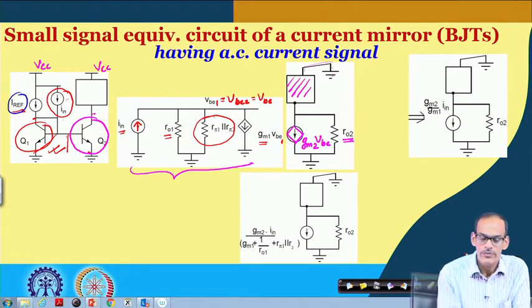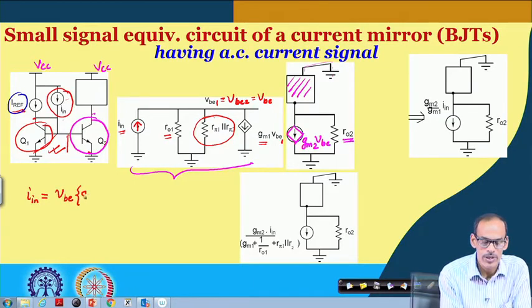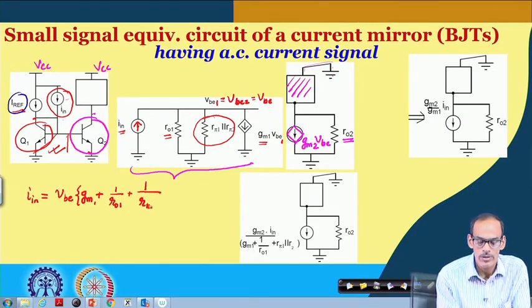So, if you consider this I in, and equate it to all the current components, which are essentially a function of VBE, so VBE multiplied by GM1 plus 1 by RO1 plus 1 by R pi 1 in parallel with R pi 2.